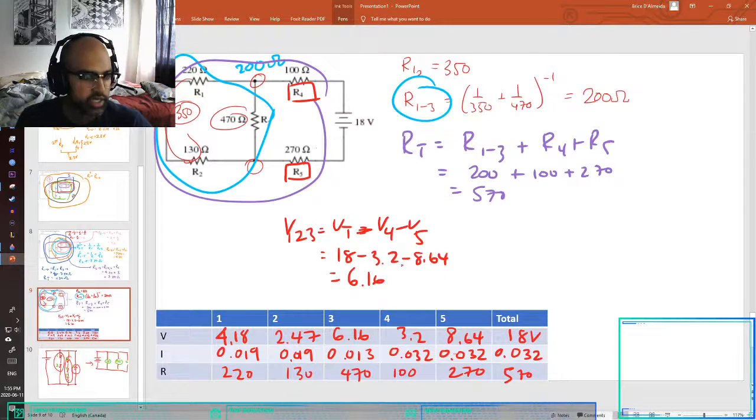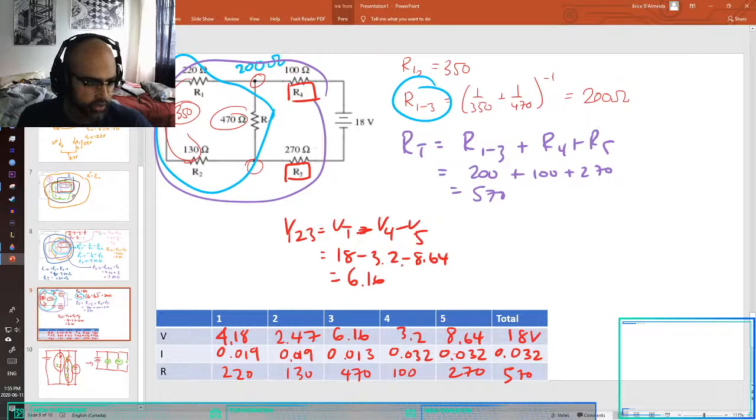18 minus 3.2 minus 8.64 equals 6.16. That's right. Then I got the current from that, 6.16 divided by 470, 0.013, right?